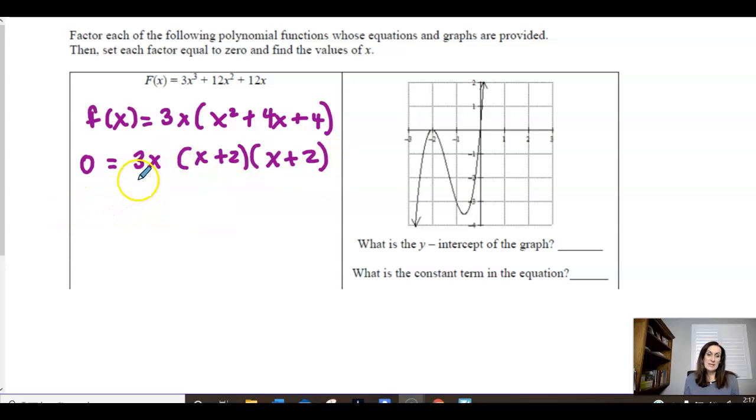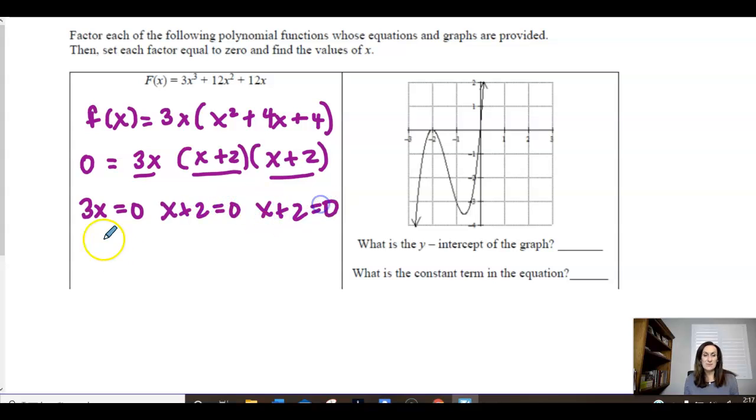Now what we're going to do is every factor, including the 3x, is going to be set equal to 0. So you have 3x equals 0, x plus 2 equals 0, and x plus 2 equals 0. Here you'll divide by 3, so x is 0. Subtract the 2, and x is negative 2. Subtract the 2, and x equals negative 2.